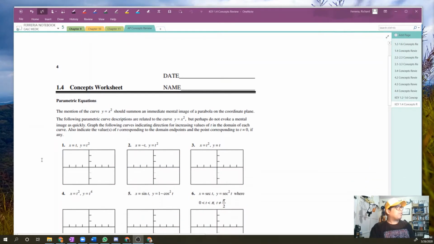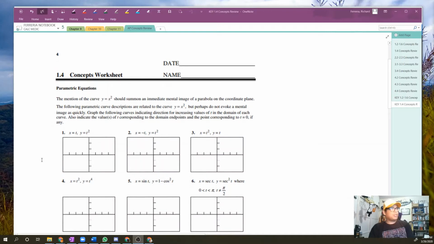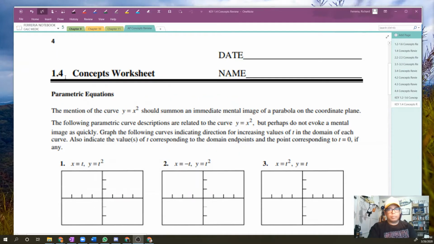The mention of the curve y equals x squared should summon up the immediate mental image of a parabola on the coordinate plane. In fact, as soon as I said y equals x squared, you probably thought of a parabola. The following parametric curve descriptions are related to y equals x squared, so they're all related to a parabola, but they don't evoke the mental image as quickly.